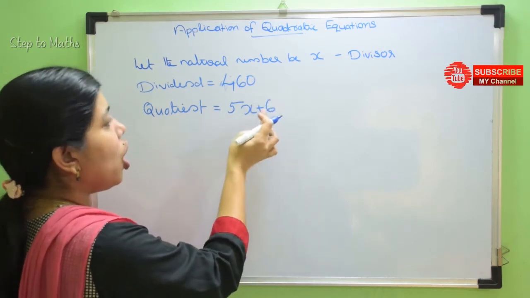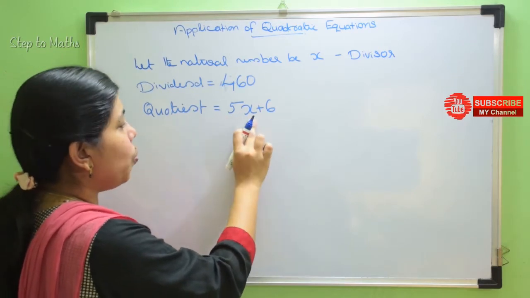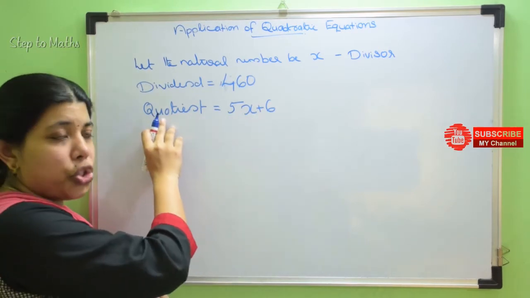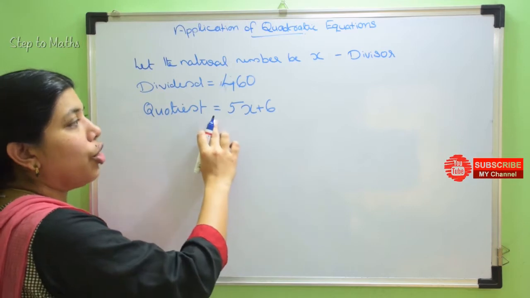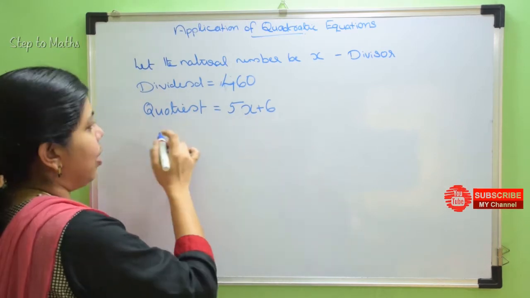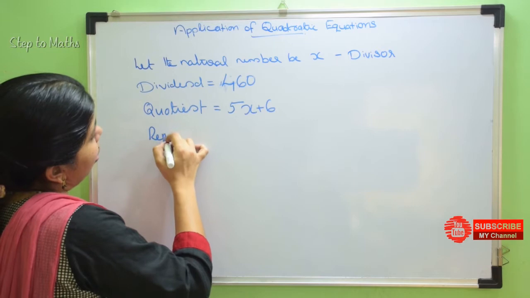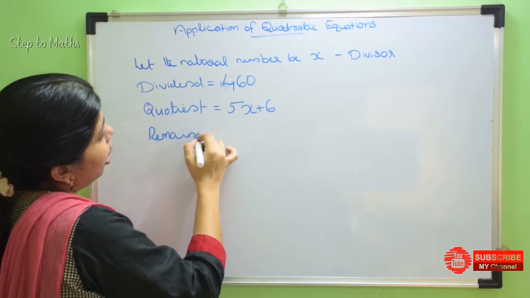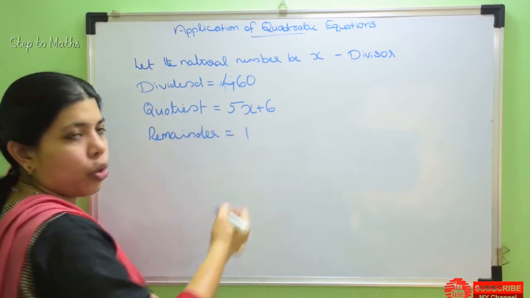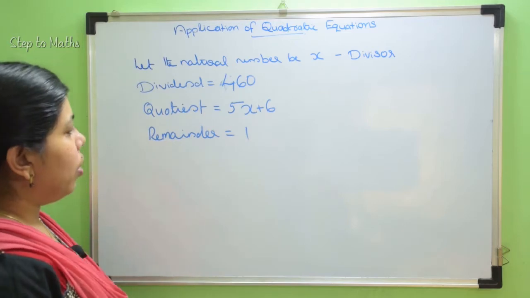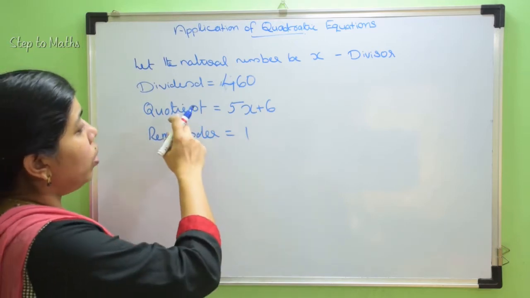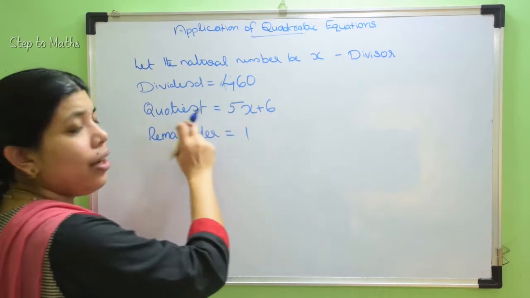That is the value of the quotient. So we can write quotient is equal to 5x plus 6, and remainder is equal to 1. Find the divisor and quotient.